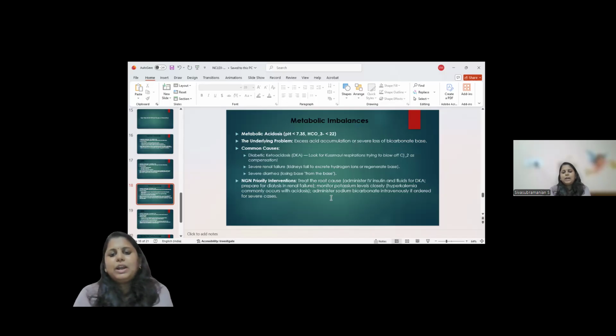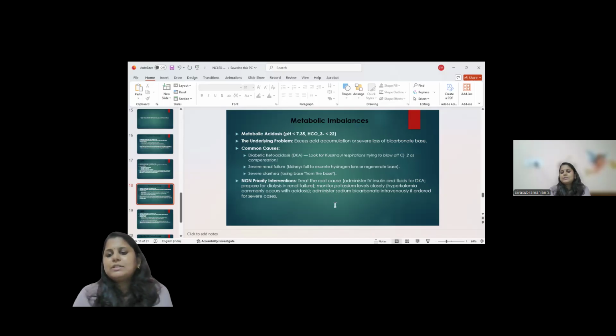So we have to treat the root cause. We have to administer IV insulin and fluid replacement in case of DKA. Then we have to prepare the patient for dialysis in case of renal failure. Then monitor the potassium level closely, as hyperkalemia commonly occurs with acidosis.